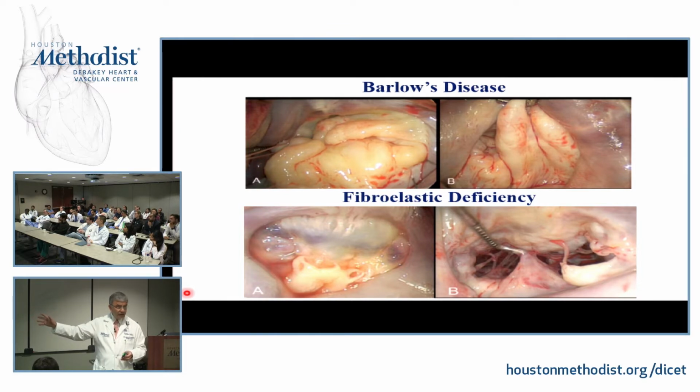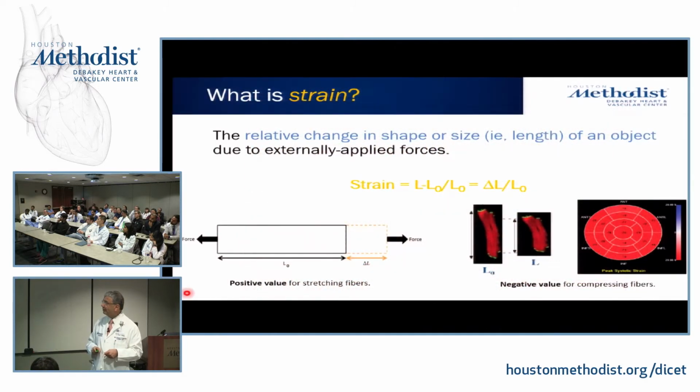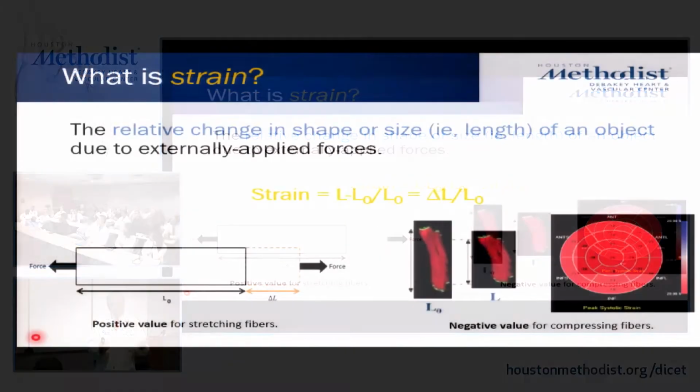And I just mentioned to you that it's not only affecting the valve per se, but you have to think even beyond the valve. Because it is a disease of the connective tissue of that particular valve. And you could think of that its properties are going to be quite different, similar to the different properties of the chordae.